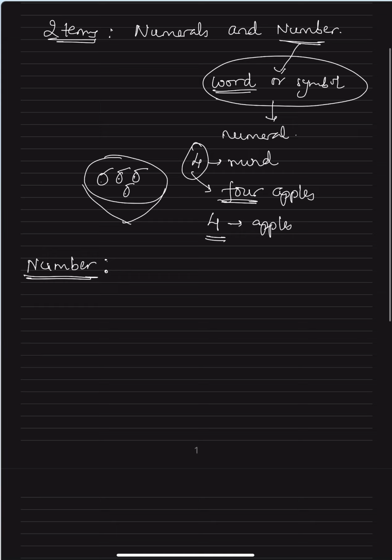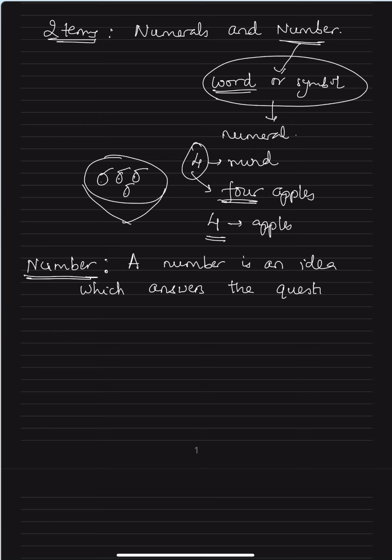Number: a number is an idea which answers the question, how many objects in a collection?